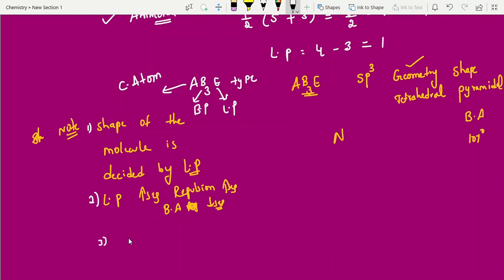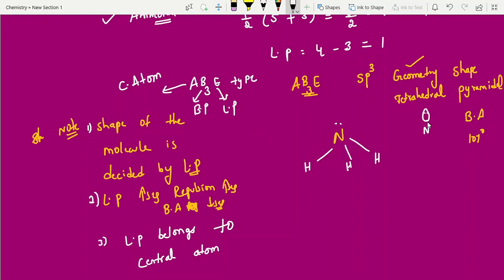Third point, the lone pair belongs to the central atom only. See how easily you can write. Hydrogen, hydrogen, hydrogen. If you want to show the geometry with the lone pair, you can show the geometry.